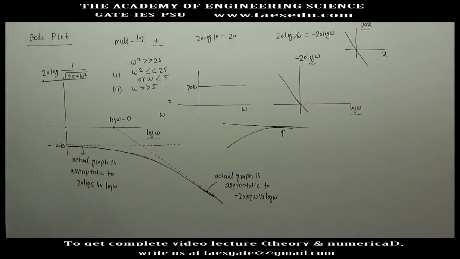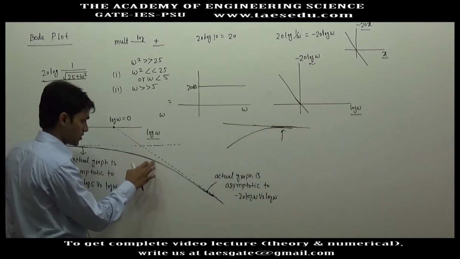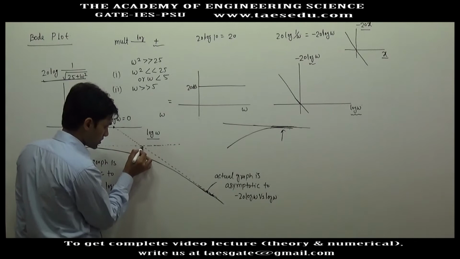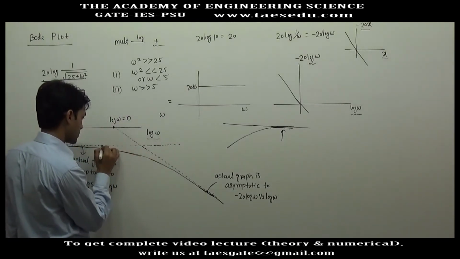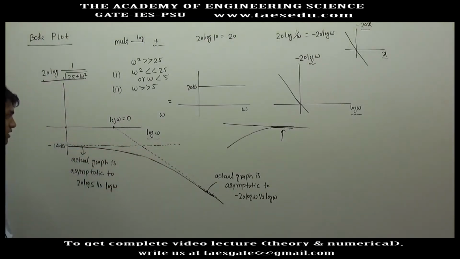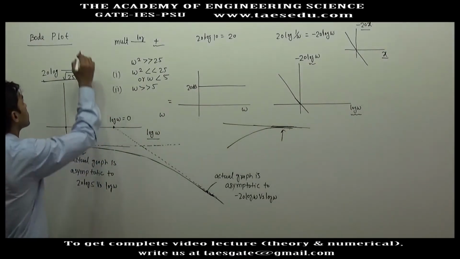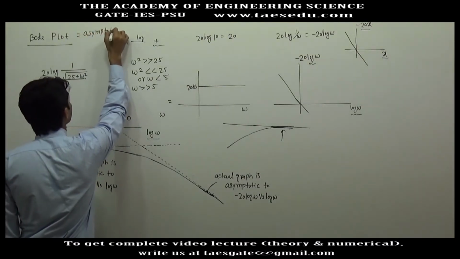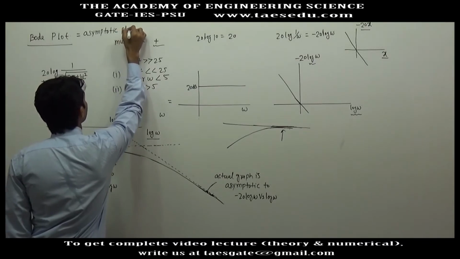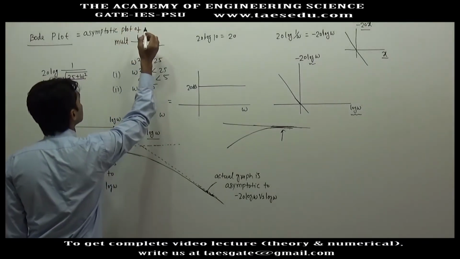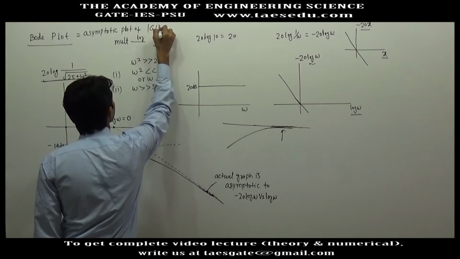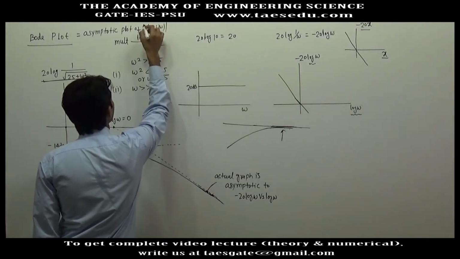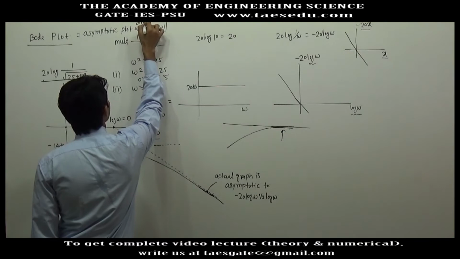Instead we plot only the two asymptotes of the actual graph. The first asymptote is this and the second asymptote is this. That's why a Bode plot is sometimes also called an asymptotic plot, a plot of the modulus of G(j omega), or 20 log of this quantity.